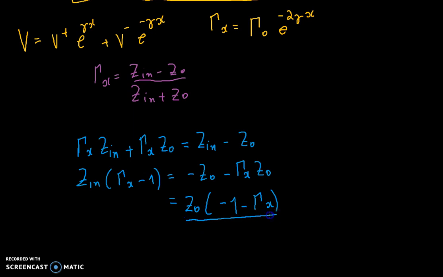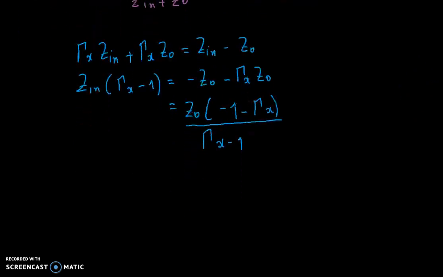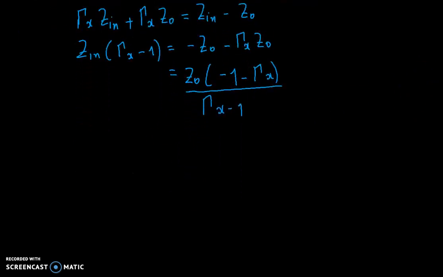Now if we divide both sides of the equation by gamma x minus 1, then Zin will be equal to Z naught times, now this minus sign we send to the bottom, 1 plus gamma x divided by 1 minus gamma x.